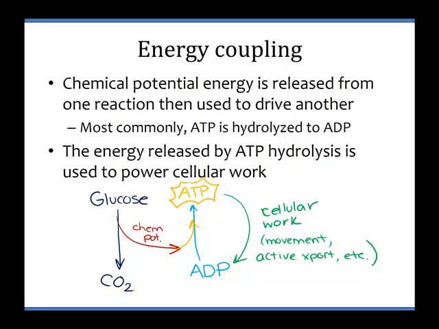You have a reservoir of them. Each cell uses about 10 million ATP molecules a second and converts it into ADP. If you didn't have ATP, if you ran out of it, you'd be dead. That's actually a pretty good definition of death: no more ATP.